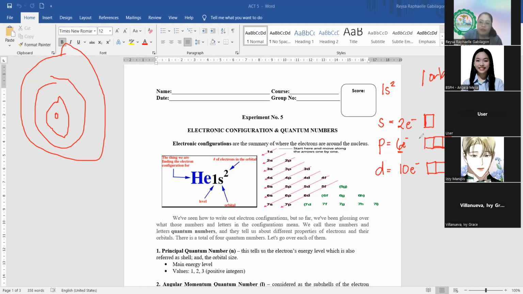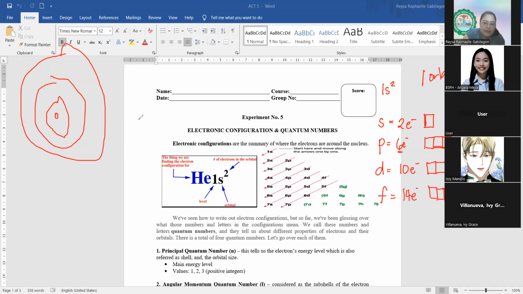So, 5 times 2, that's 10. And then lastly, 14 electrons for the F. So, meron yan siyang 7. 1, 2, 3, 4, 5, 6, and then 7. So, 7 orbitals lahat for the F subshells. Okay? Sige.